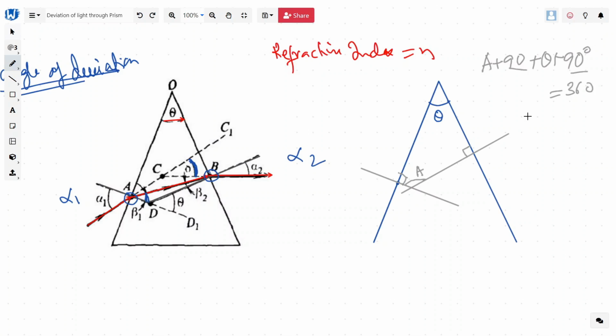Now this is 180, so A plus theta will be 360 minus 180, equal to 180. Hence, A plus theta is going to be 180, and we know that this is also a straight line, so 180, so this is going to be theta. This is what we have shown here, so this is our theta again. So remember that we can simply prove it by looking at this quadrilateral.